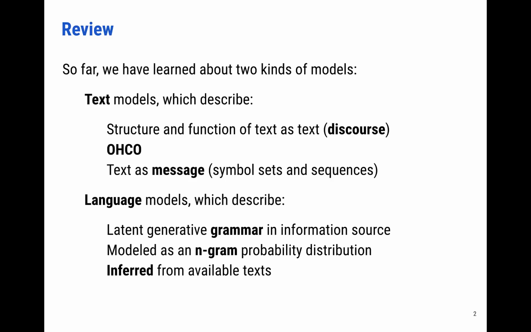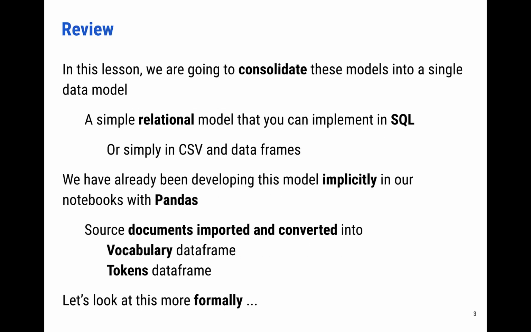So we have two broad kinds of model that we've been looking at, text models and language models, and we want to integrate them. We're going to integrate these into a simple relational model that you can implement using SQL. We're not going to actually use SQL at this point.